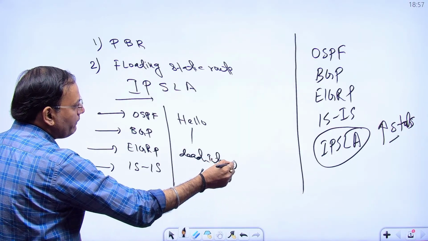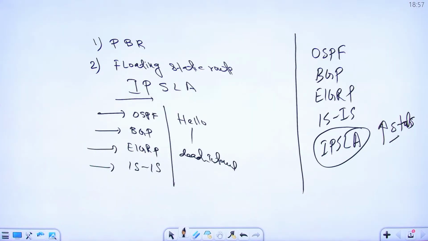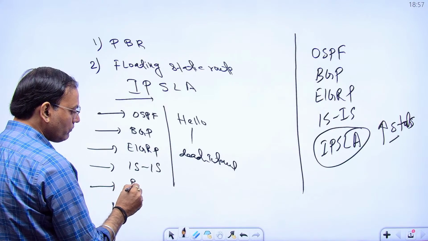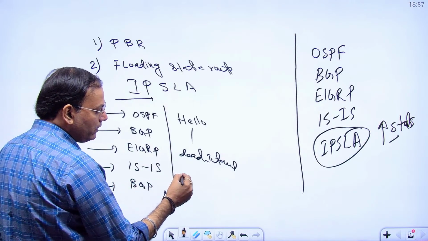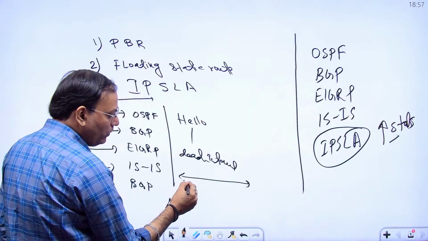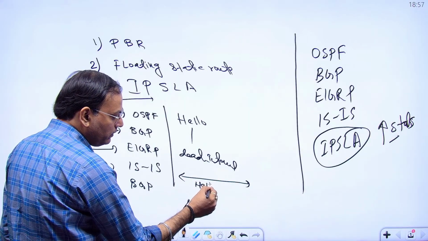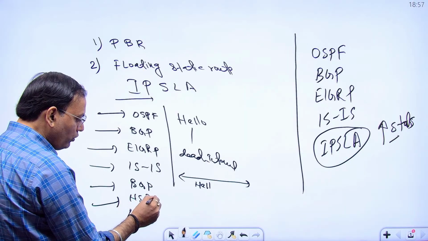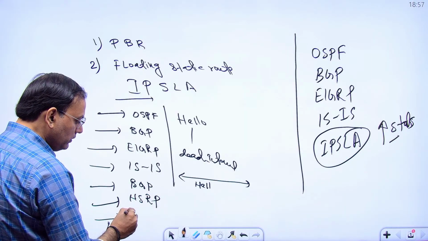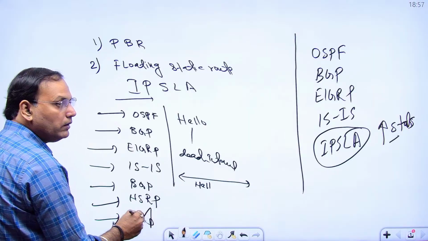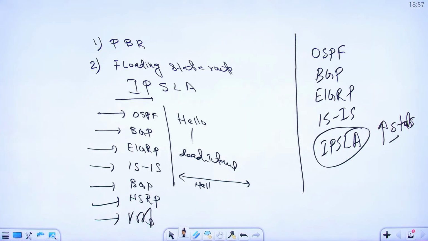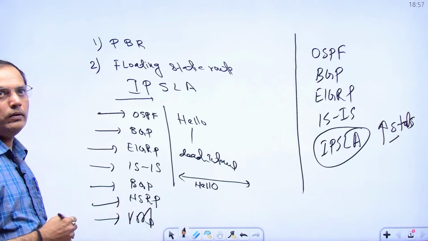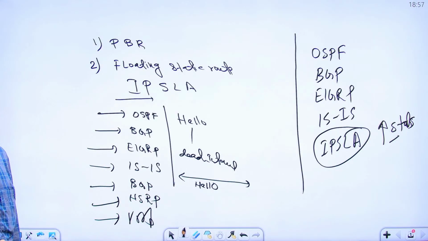So every routing protocol sends hello packets, BGP also, even your HSRP, even your VRRP. All the protocols send hello to their peer.